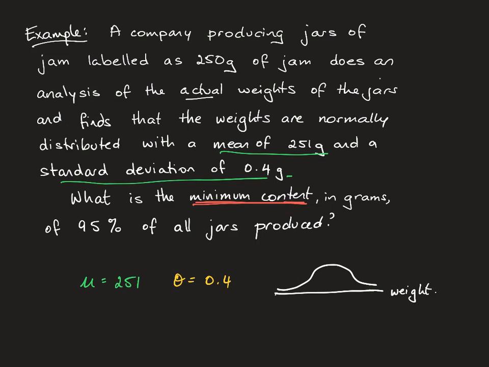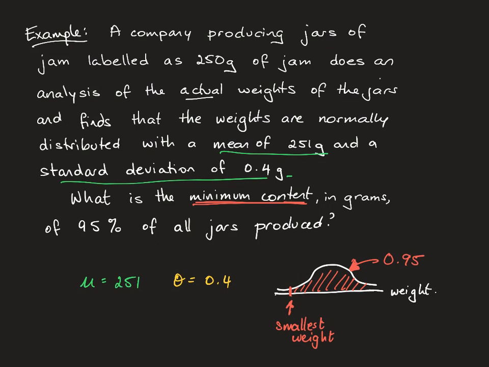The minimum weight of 95% of all of the jars means it's going to be the smallest weight of 95% of the jars, so it's going to be right down the bottom end here. This value here will be the smallest weight, and on the right hand side of that, we're going to have 95% of our jars, or 0.95.